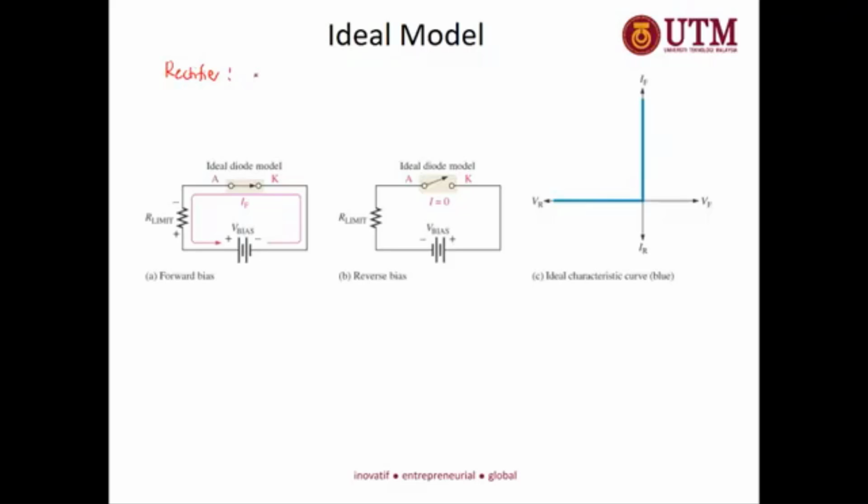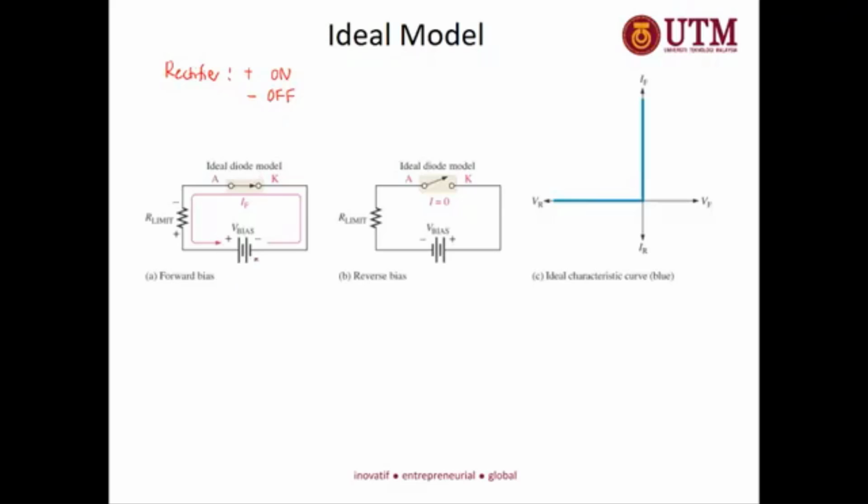So if you have the positive and negative direction, the ideal rectifier is, let's say, the positive direction is on and negative is off. So this is a very simple, binary operation of a rectifier. At positive voltage, the device is on, or the current is there. At negative voltage, the device is off, current is 0. So this is the ideal model.